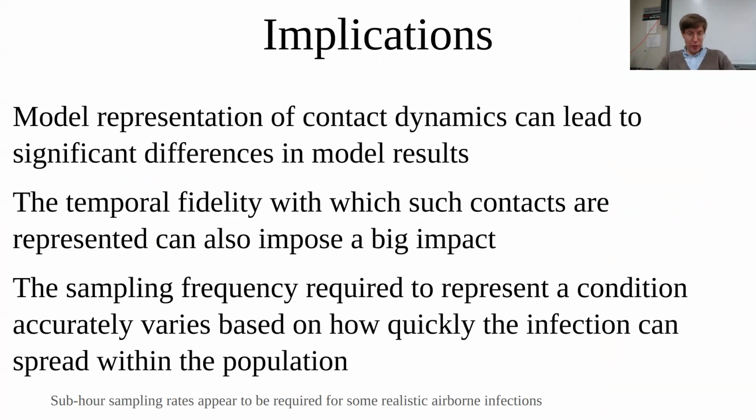And the sampling frequency required to represent conditions varies on the pathogen, in this case, how quickly the infection or the influence can spread within the population.